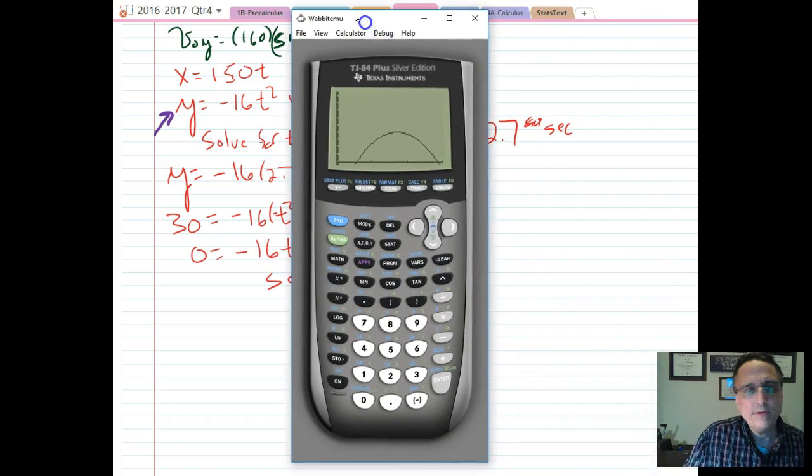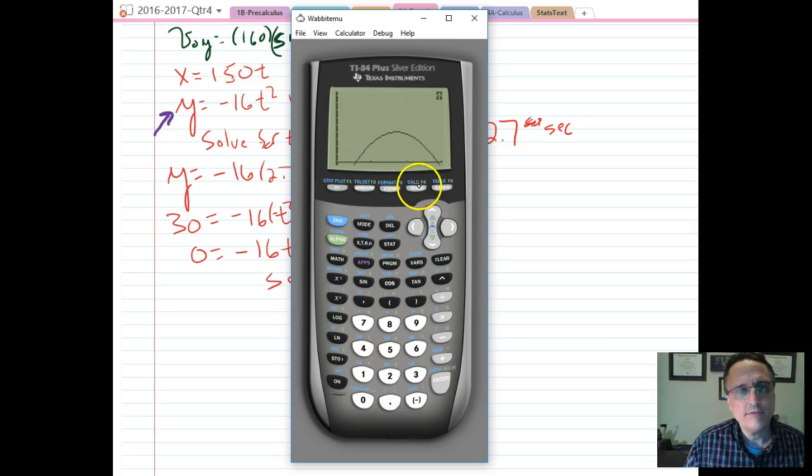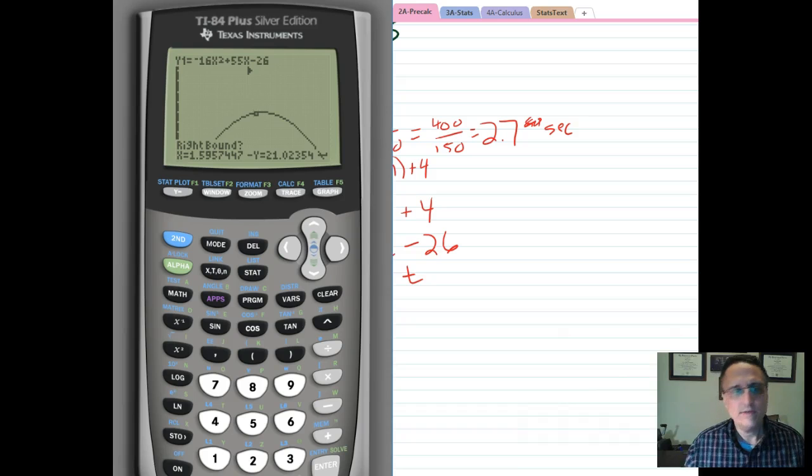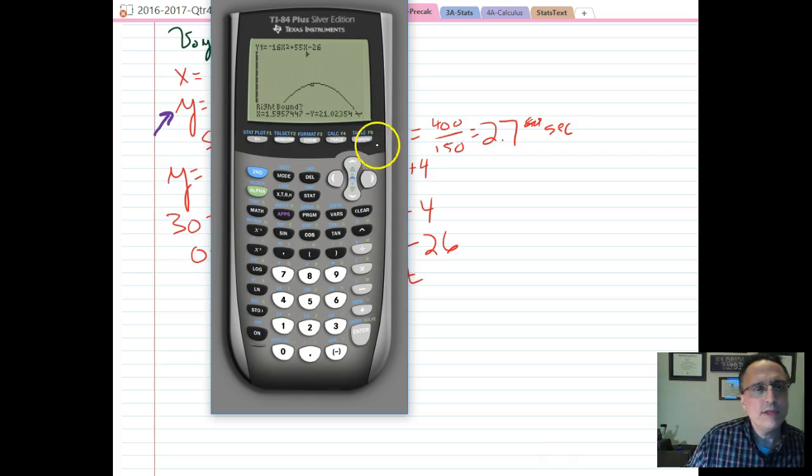So what I really want to do then is find the intercept right here, and here's how we do that. We do second function calc, and we're going to tell the calculator to find the zero. It wants a left bound, so I'm going to say there, and I have to go to the right. Whoa, got a little bit too big, there we go. So I have to go to the right of the intercept that I'm considering.